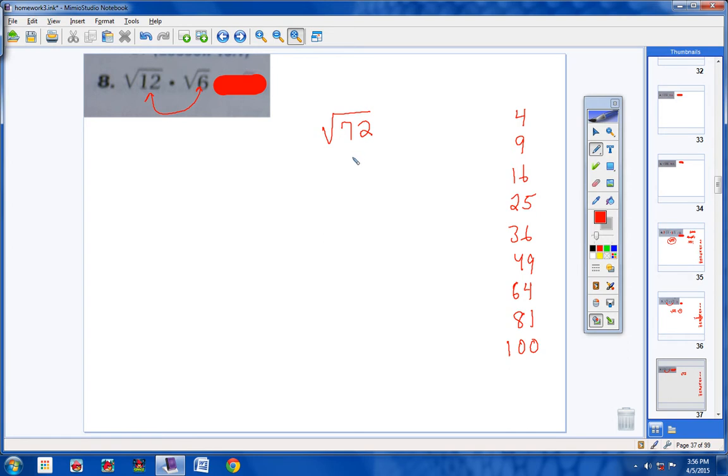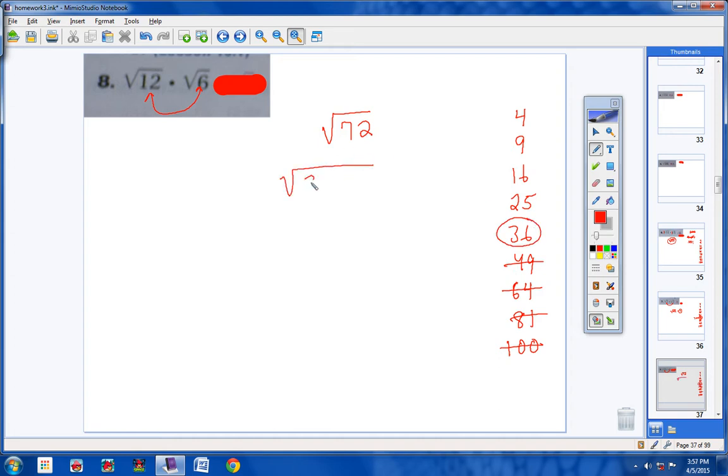But to be honest, students, you really want the biggest number. I would always start with 100 and work my way down. This number does not go into 72 evenly. This one doesn't. No. But 36 goes into 72 evenly.